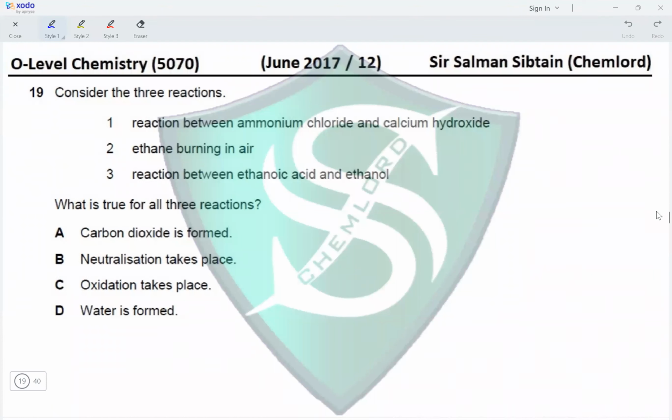Question 19. Consider the 3 reactions. Reaction between ammonium chloride and calcium hydroxide. Now, ammonium chloride is an acidic salt and calcium hydroxide is a base. So, a reaction between an acidic salt and a base would result in the formation of ammonia, calcium chloride and water.